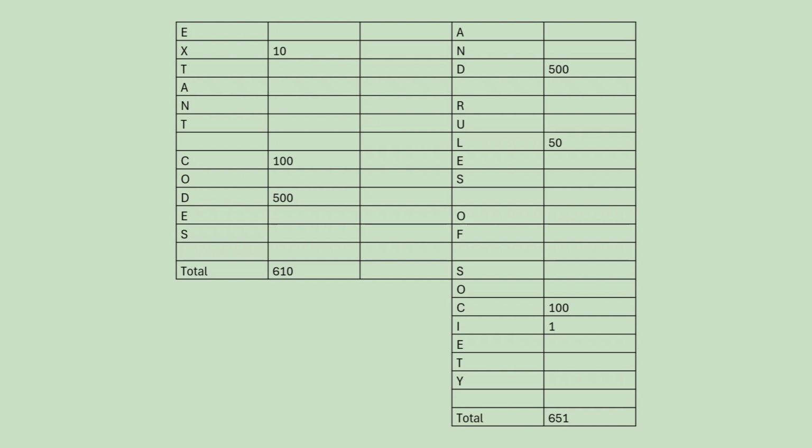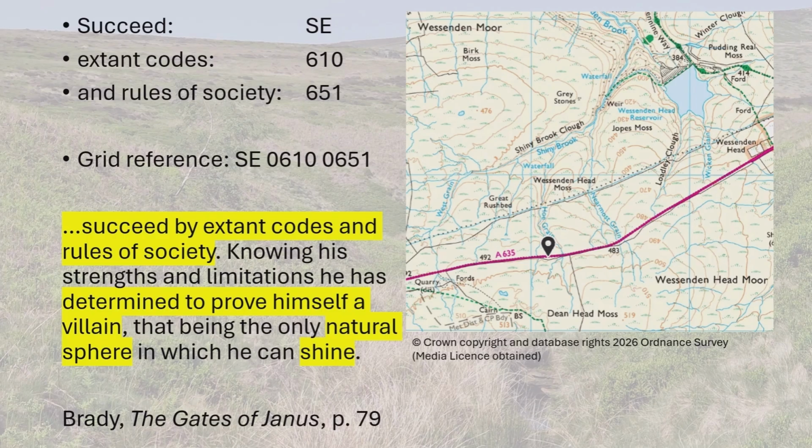If I apply a Roman numeral cipher to it, extant codes gives us 610, and rules of society corresponds to 651. Succeed could equate to SE, the grid letters used at the start of an Ordnance Survey grid reference. Add an initial 0 to the numbers to give a grid reference, which makes it SE 06100651.